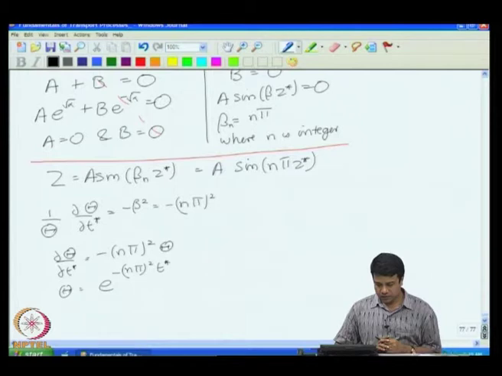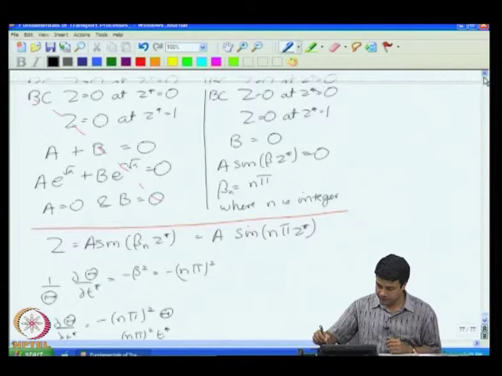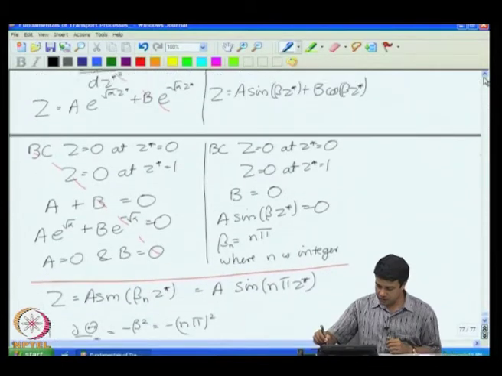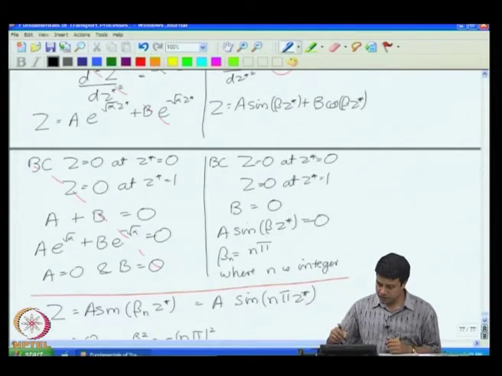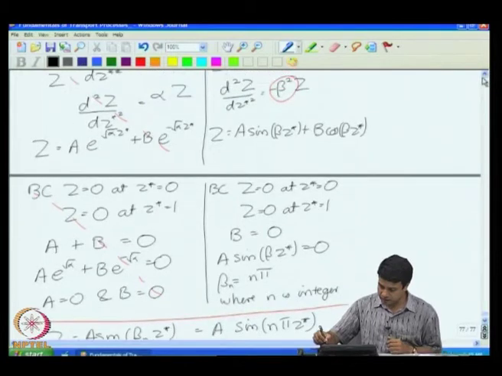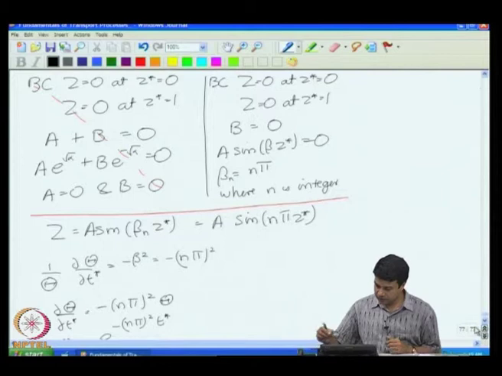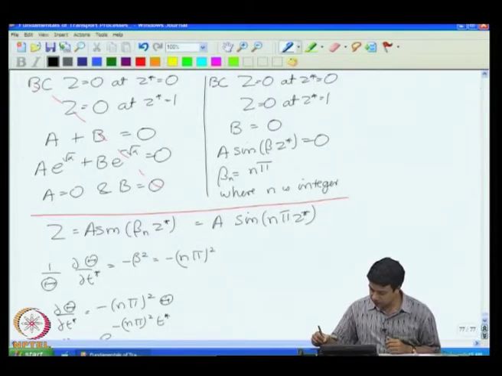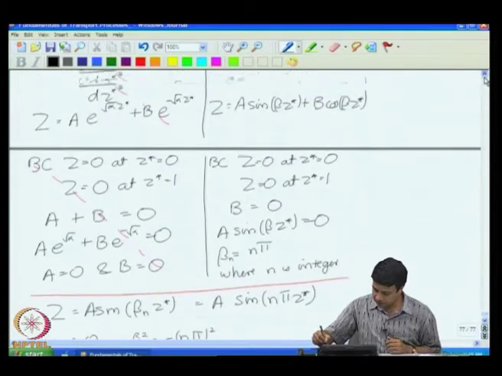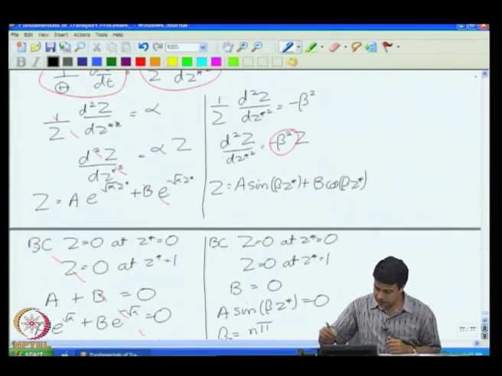Now, we had chosen the constant beta to be negative, because we got a non-trivial solution for this constant beta in this particular equation. We had chosen it to be negative so that we got a non-trivial value of beta for the separation of variables problem for this equation.